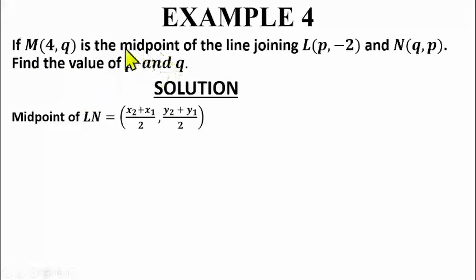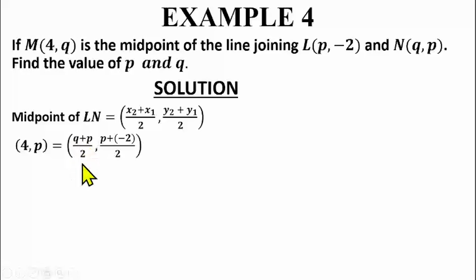Then from here we are given that this point M, which is having this coordinate, is the midpoint of this L and N. So that means the midpoint of LN is M. So that should give us 4 comma q here. So you have 4 comma q equals to our x2 between this one and this one, x2 is q, and our x1 is p.